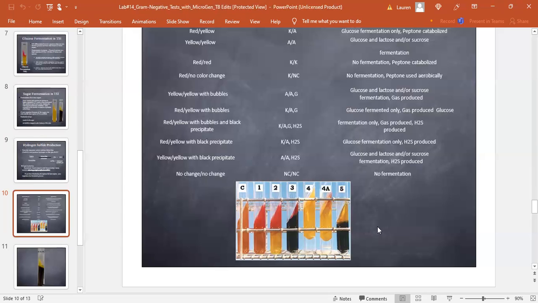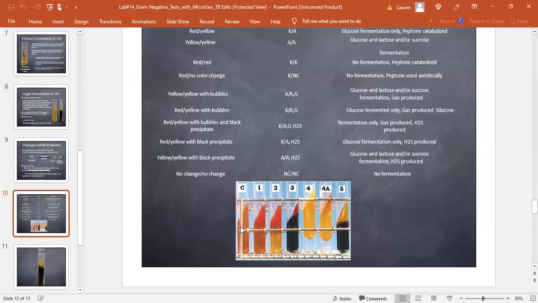Can we go over the first one again? Sorry, number 1. So the number 1 tube right here. To the left of it is our control. That's what the C is for. So our number 1 control shows us what it would look like if there was no bacteria introduced into this TSI tube.